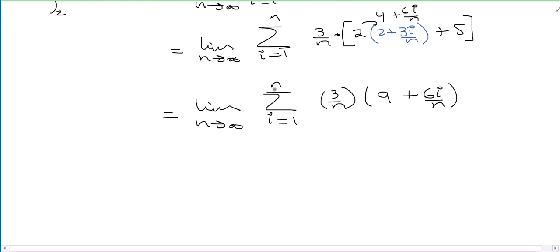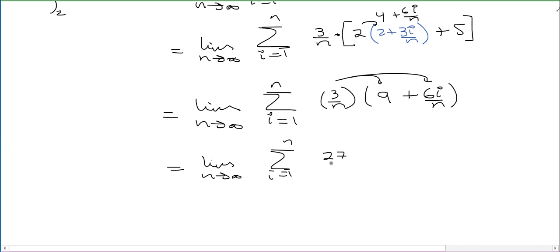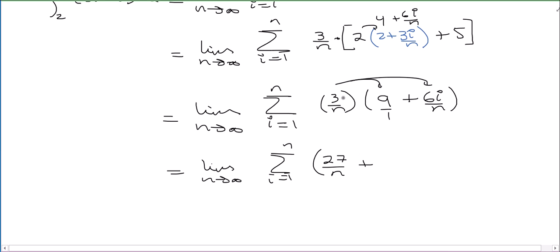Let's take that 3 over n in now, and so I still have my limit, I still have my summation, and so I'm going to have what now, 27 over n, 3, right, this is like over 1, so numerator times numerator, denominator times denominator, plus 3 over n times 6i over n, so I'm going to get 18i over n squared.